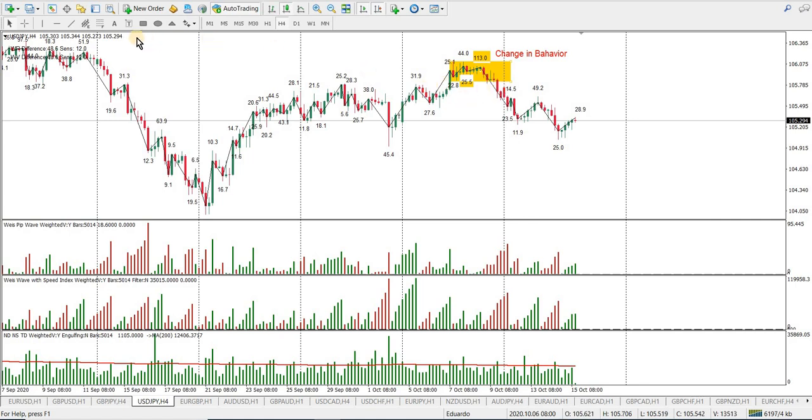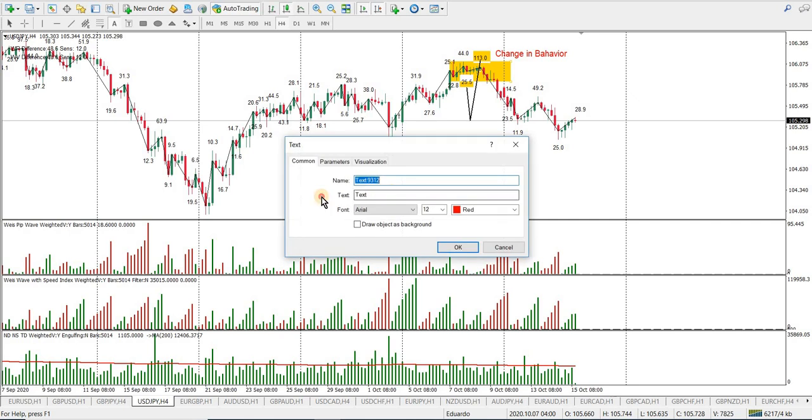Do I have any patterns? Yes, I have a pattern here. Okay, this is the pattern. At 25.5 with 113, it is a Bluetooth reversal pattern.